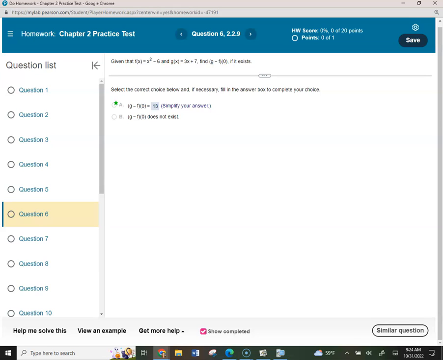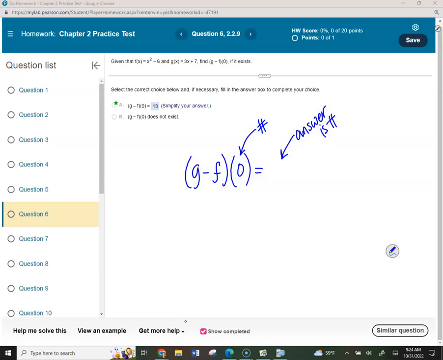Looking at number 6, it says you've got F, you've got G, and then it says find G minus F of 0. Guys, remember, if it's a number here, that means your answer will be a number, right?